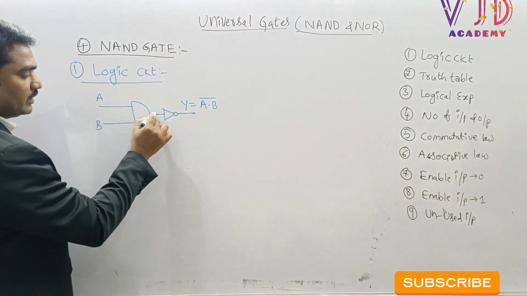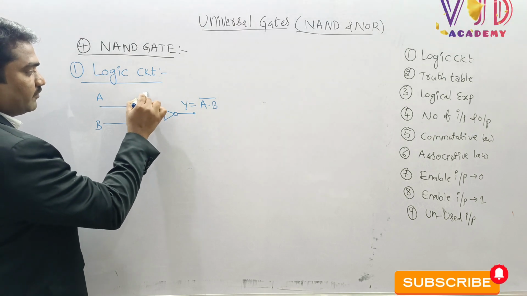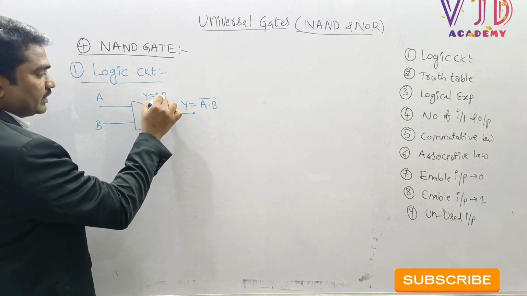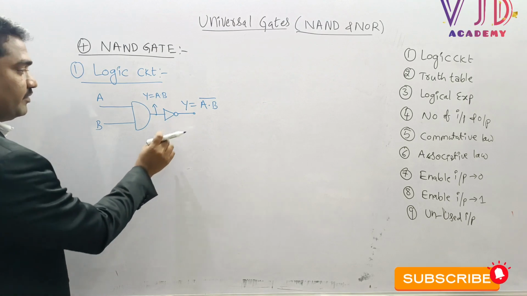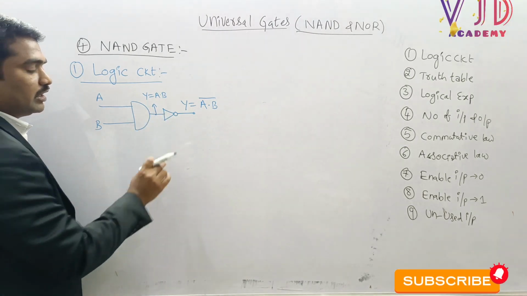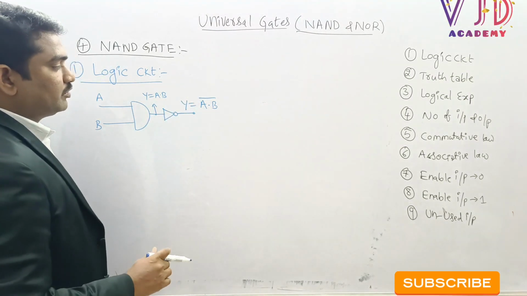Up to the AND gate, the output is Y equal to A into B. When we connect one NOT gate, the output becomes Y equal to A into B whole bar.